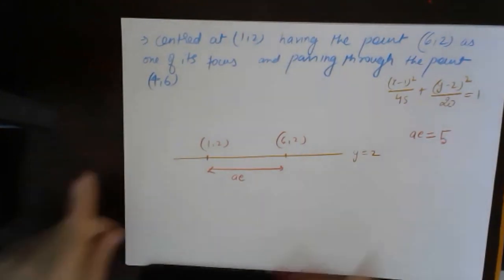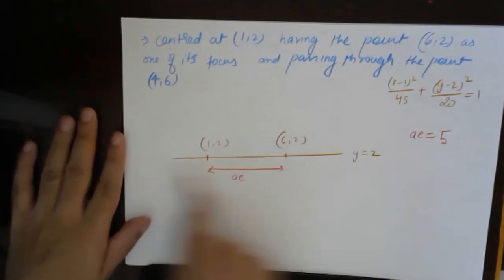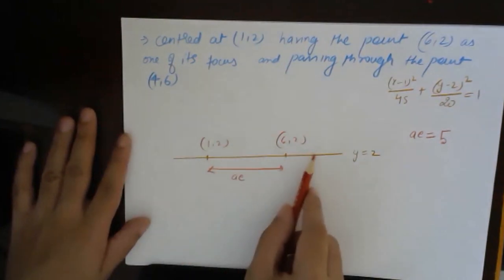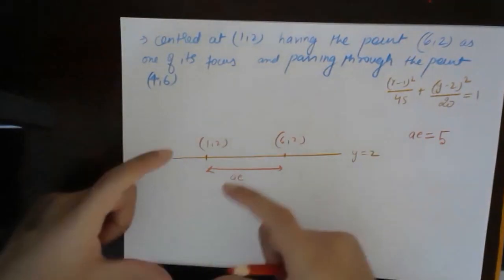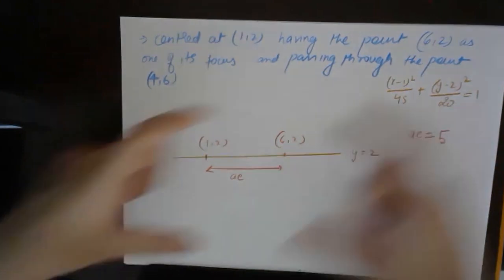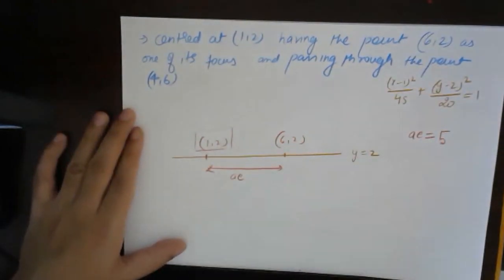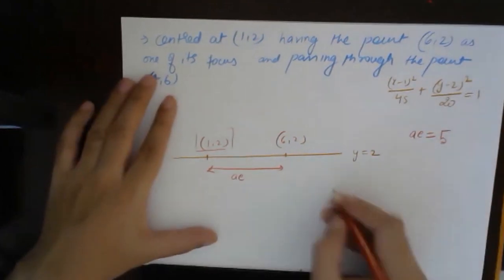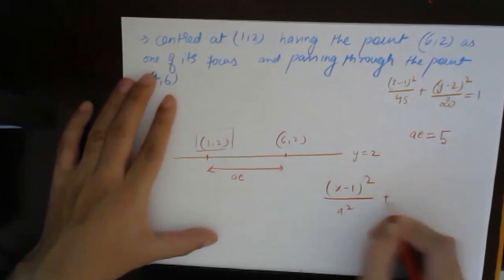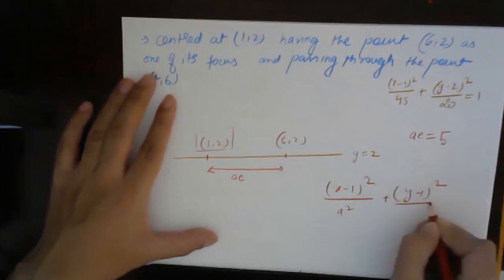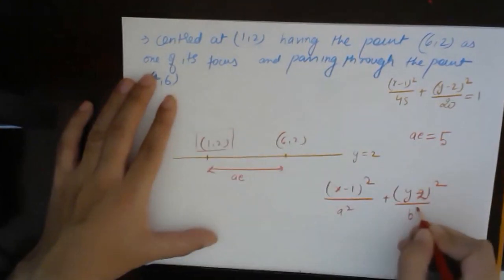One more thing: the foci and the center are lying on the same line, parallel to the x-axis. So this ellipse is a shifted ellipse, moved from the origin to the given point. It will be of the form (x minus 1) whole square upon a square plus (y minus 2) whole square upon b square is equal to 1.